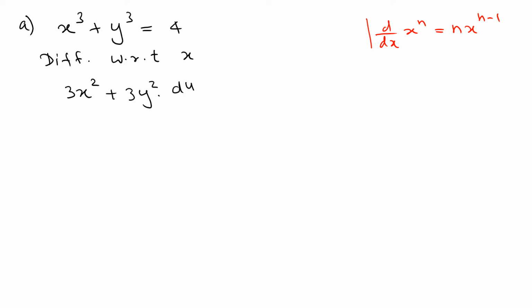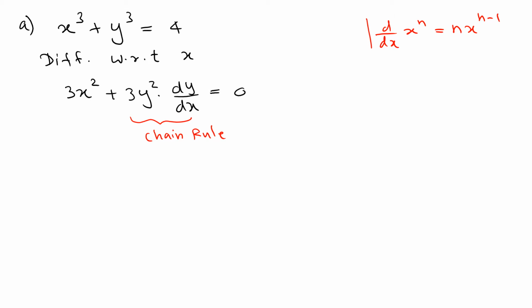In this case, it's dy over dx. You can see that this is an application of the chain rule. Since you watched the video about the chain rule, you know clearly what's going on here. And then we have a 0 on the other side.